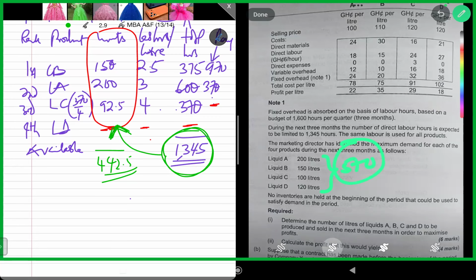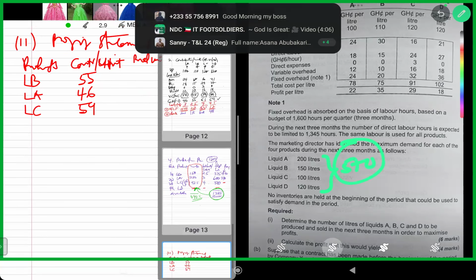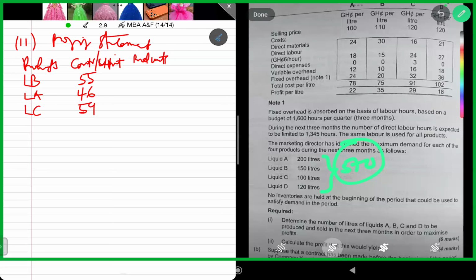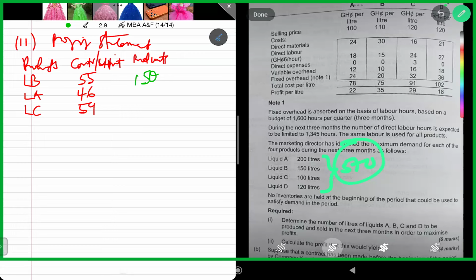So what I mean to say is, when we come to the budgeted profits here, we are looking at how many production units from the production plan we will produce. For liquid B, we will produce all the 150. Liquid A, 200.